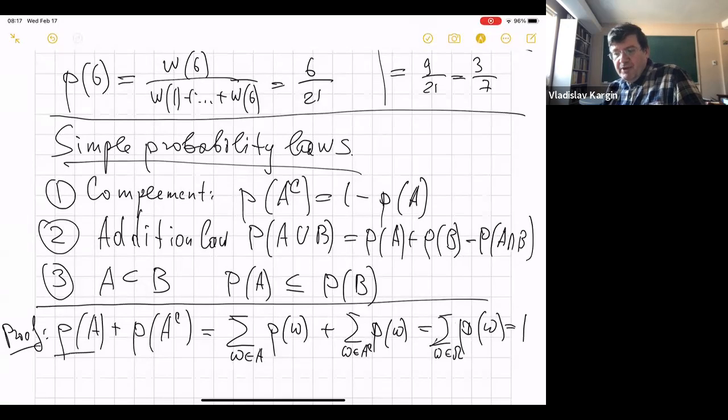So the probability of A plus the probability of A complement is equal to 1. And this is exactly the first law.